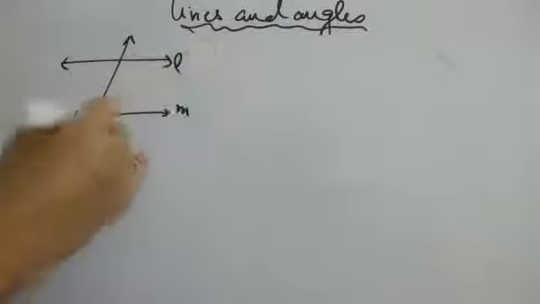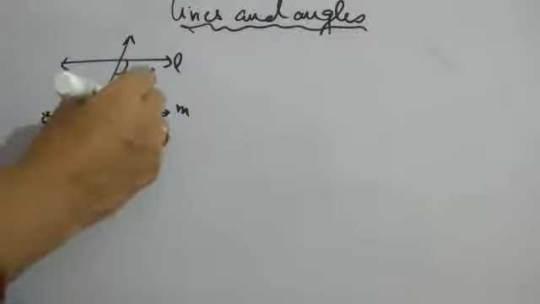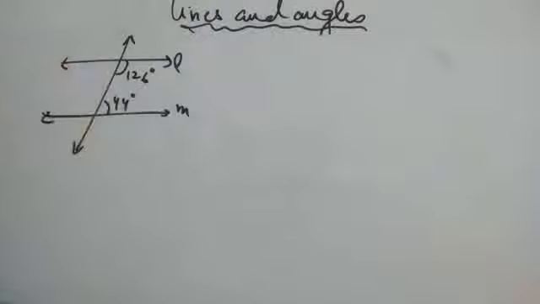One more question of parallel lines. Let us take, in the given figure, you have to check whether L is parallel to M. This angle is 126 degrees and this angle is 44 degrees.